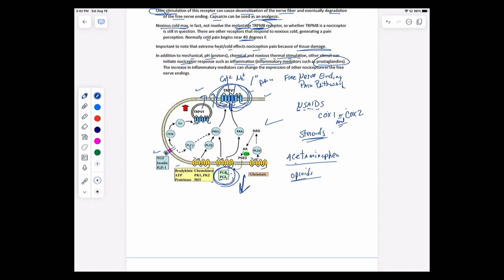What is interesting, though, is, again, we've talked a good bit about that TRPV1 being so much involved in pain. There's actually a lot of research going on trying to find drugs that could function as an antagonist to the TRPV1. And the idea is if you can somehow shut that down or inhibit it, that it would then inhibit pain.